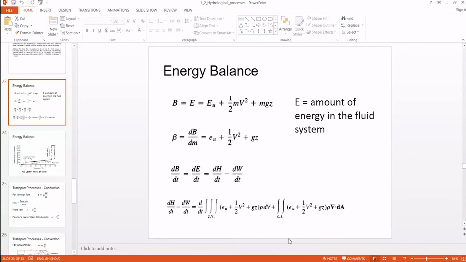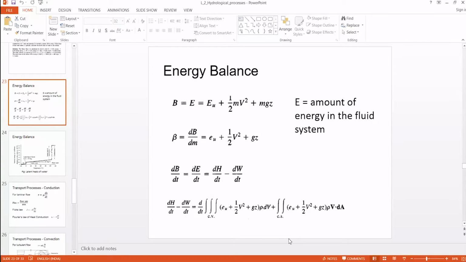In this case, the extensive property, capital E, is nothing but the amount of energy in the fluid system. From the thermodynamics first law, the amount of heat given to the system is equal to the amount of energy in the fluid system plus the work done by the system on its surroundings.